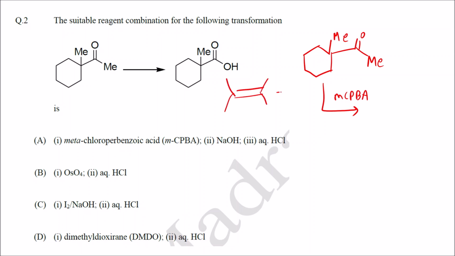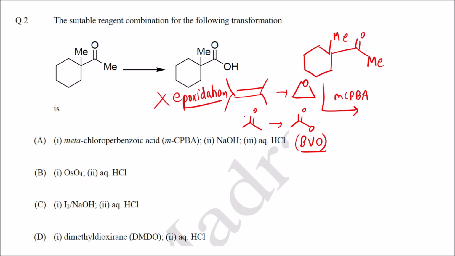It is used for either epoxidation, or if there is a ketone present, we can convert it into an ester group. This is Baeyer-Villiger oxidation, BVO. This is called epoxidation. So here an alkene is not present, so this reaction cannot take place. This can take place. Now the question is where the oxygen is inserted.